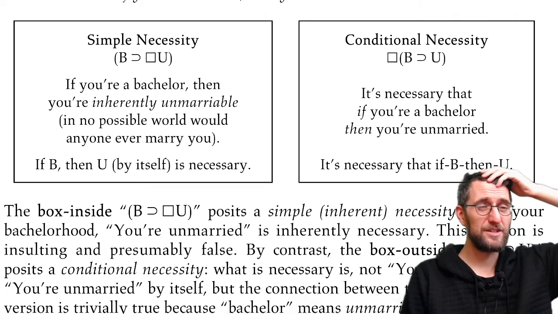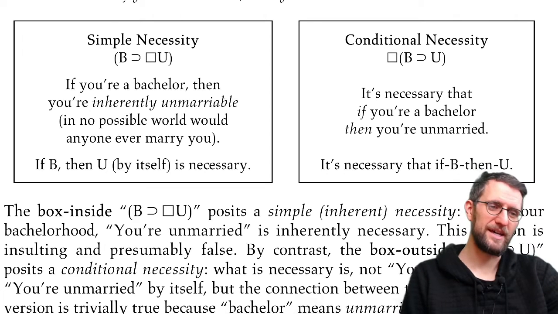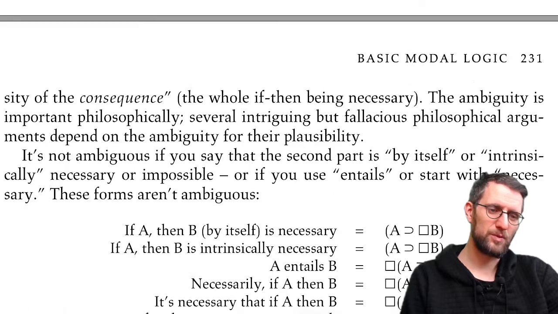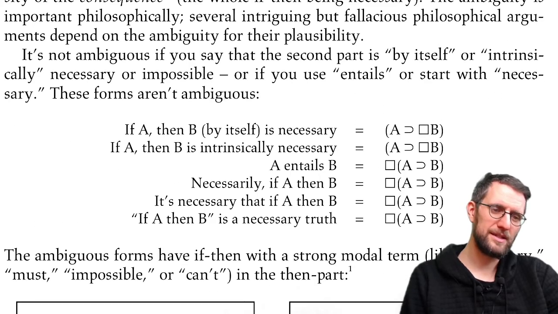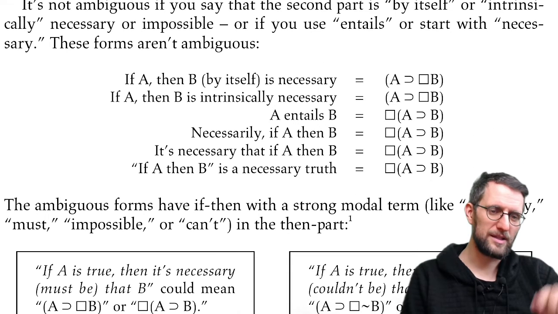It is necessary that if B, then that. If you're B, then it's necessary that you're a bachelor. Inherently unmarriable. So this is inherent, and this is just added to it. So that's what it means. I wonder why that is so in the writing, whether that is just defined or whether there's a deep reason for why that is.